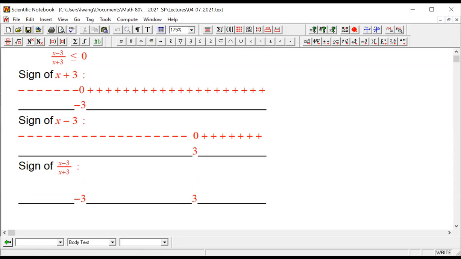Now, at -3, you will draw a line, that's a divide. And there's another divide. Oh, that's misplaced. Sorry about that. Here, that's better.